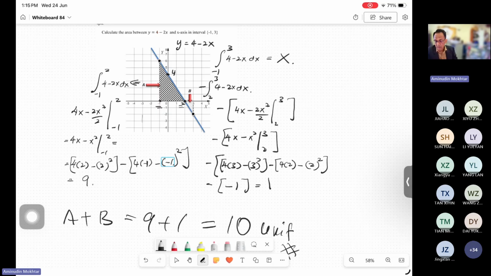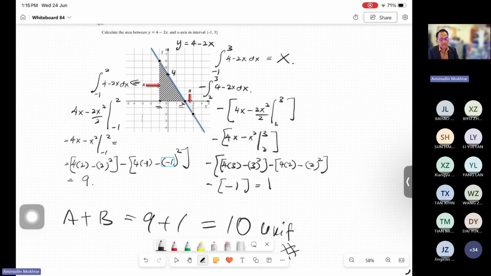That's for area A and area B. That is the concept for integration. In other words, we can conclude here that integration is for total area. We can apply integration in order to find the total area.